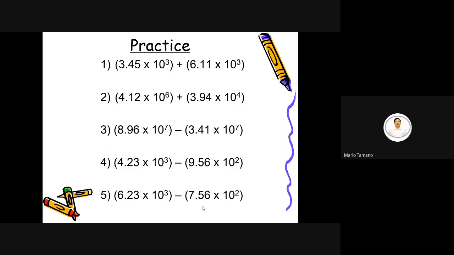So 11 minus 7 is 4. 5 minus 0, of course, 5. So anong sagot? 5.474 times 10 to the third power.